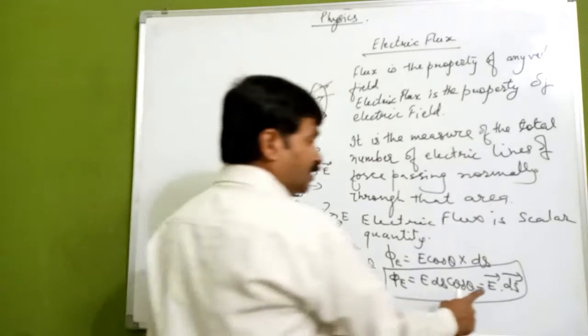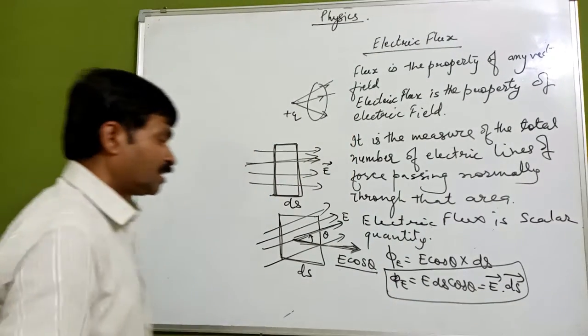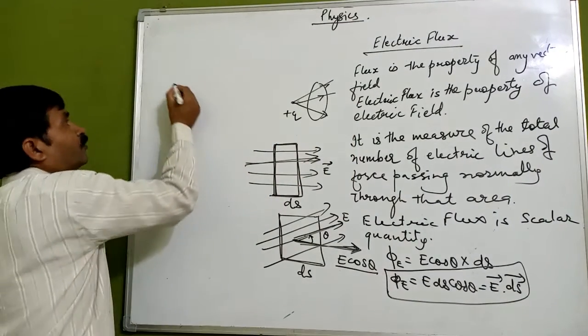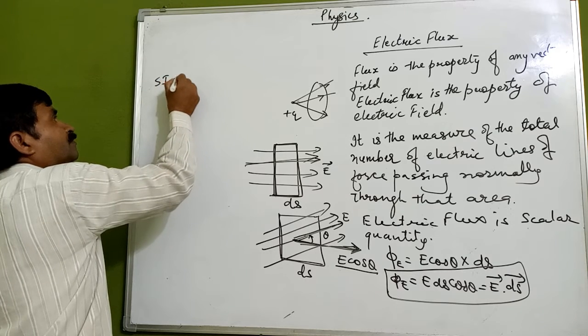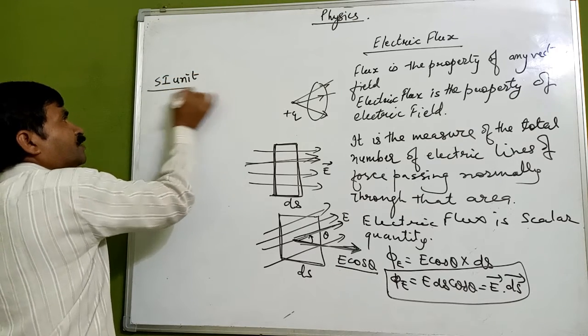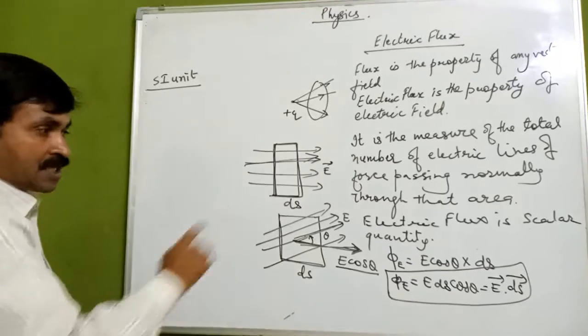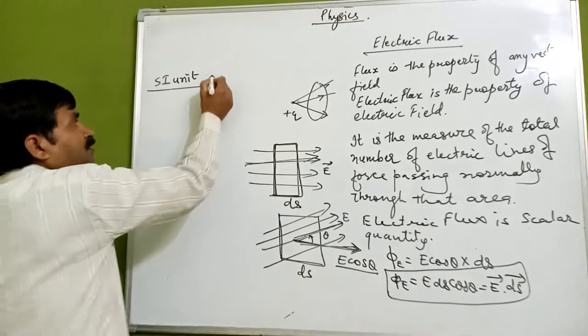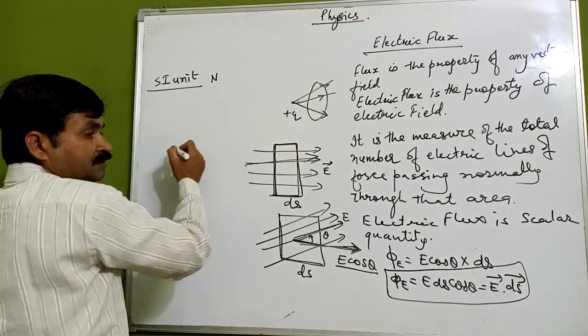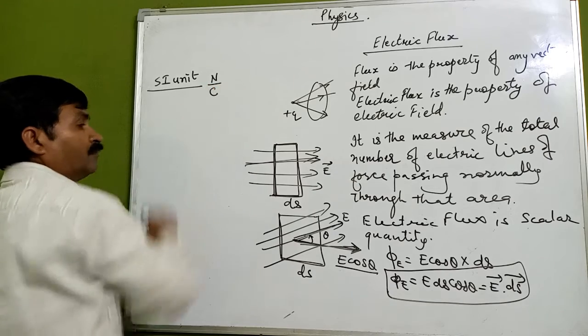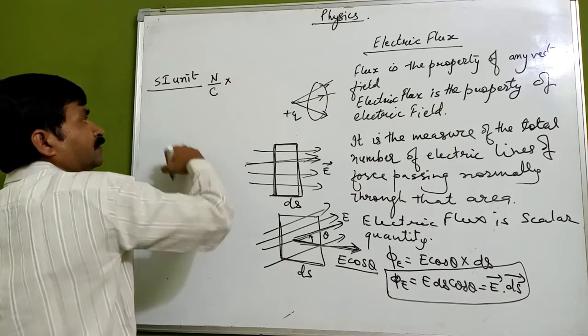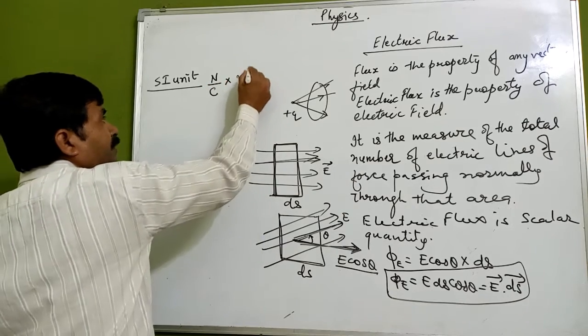Now if we go through this, the SI unit of electric field strength that we know, we will calculate the SI unit of flux. The SI unit of electric field is Newton per coulomb, multiplied with area, meter square.